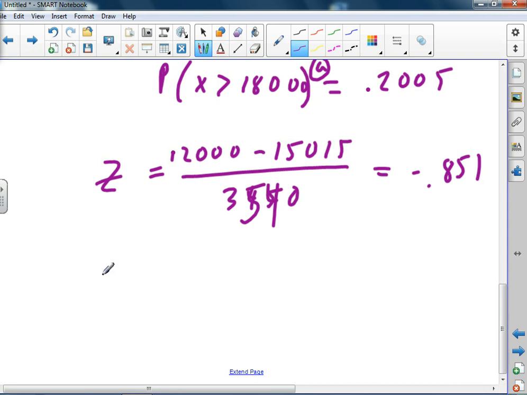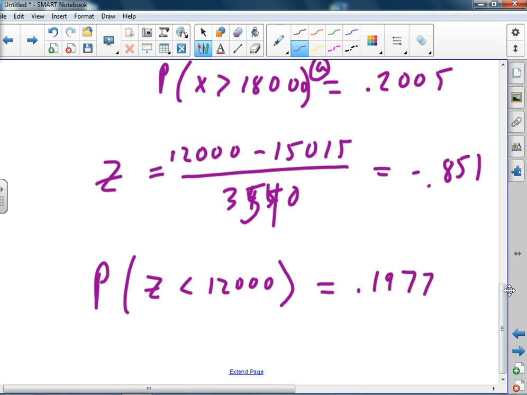Okay, so the probability that Z is less than 12,000 is, with minus 0.85, and I don't need a 1, 0.1977.